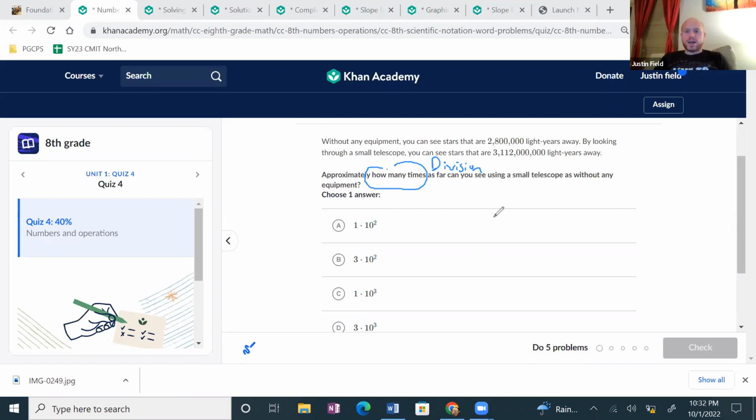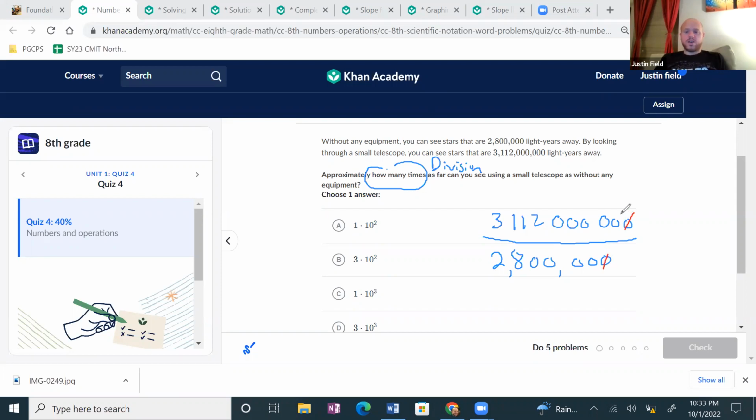So let's go ahead and write out our numbers. I could write them out in scientific notation and divide them, and that would probably be good, but I did that in the last video. So this time I want to start off by showing you the standard form.